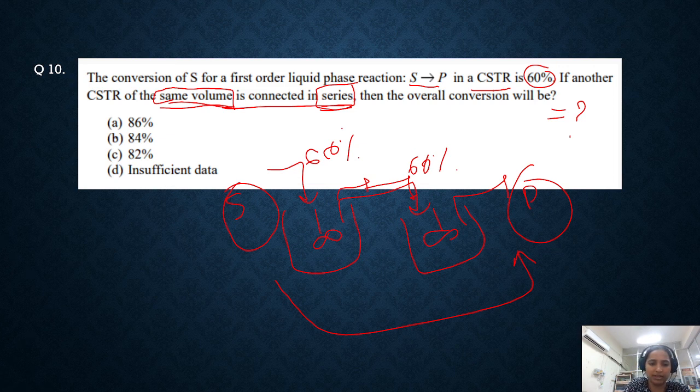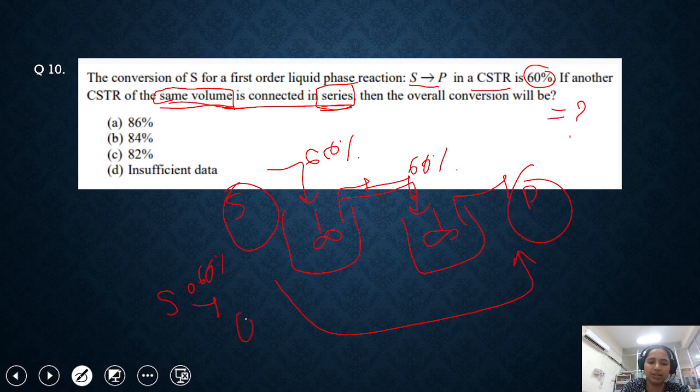So suppose first we have S, then 60% conversion occurs. So how much will go from the first to the second? It will be 0.4 of S, because 60% is converted, so 40% remains. Then this 40%, or 0.4 of S, will form product. So how much conversion is occurring here? Here we also consider it as 60%. So 60% of 0.4 is converting. It means 0.24 is consumed. So how much is remaining here?